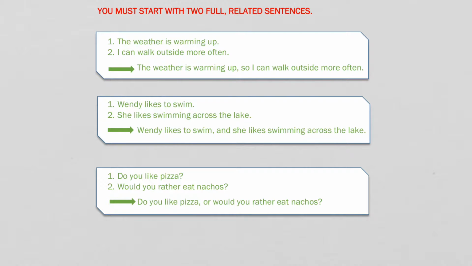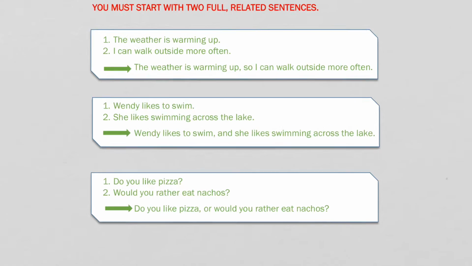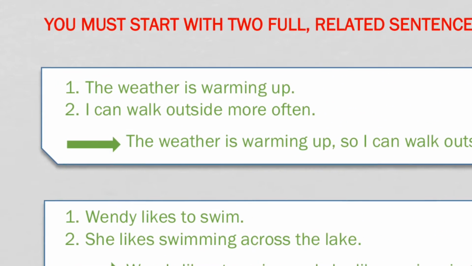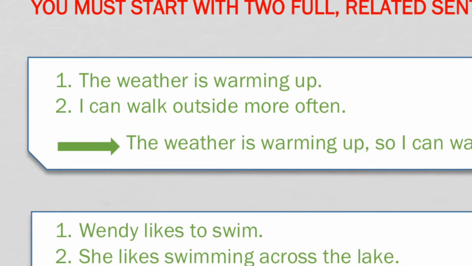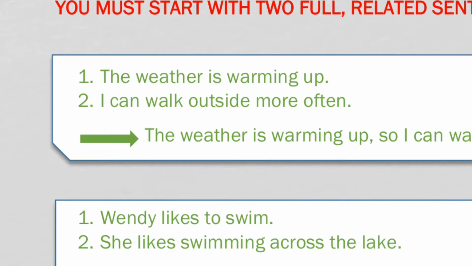All right. Another way that you can write sentences is to put two full related thoughts together into one sentence. Let's just look at the first example here, and then I think it will make sense. Here's two sentences that we could put together. First sentence, the weather is warming up.